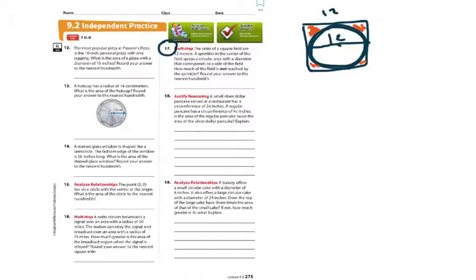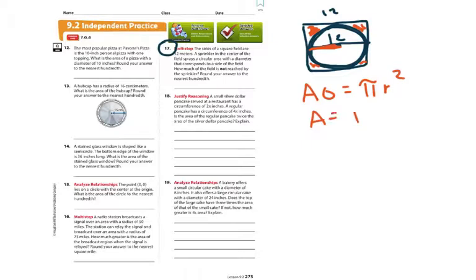Okay, so first of all, I know that the area of a circle equals pi times the radius squared. Let's tackle that one first. In this situation, I do not have a radius, I have a diameter, so I've got to be careful with that. I want a radius, and so if the diameter is 12, that means that the radius is 6.